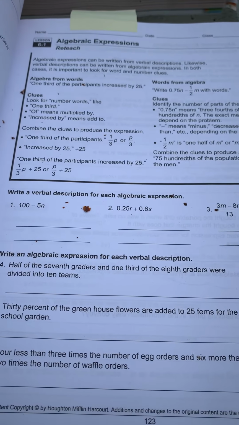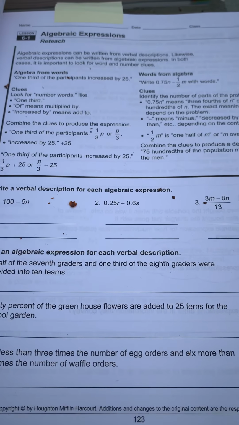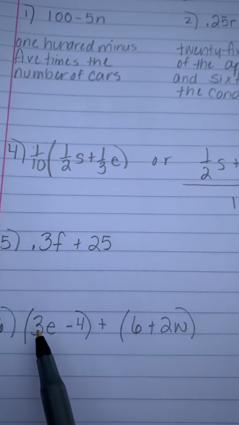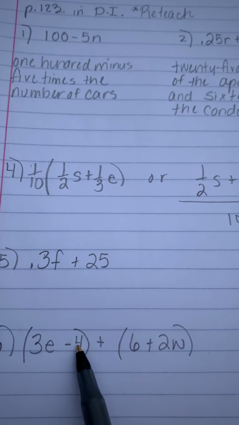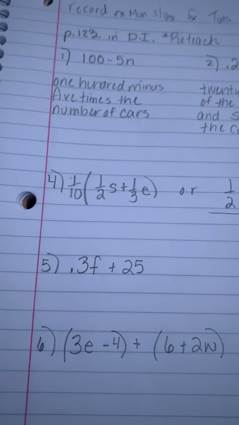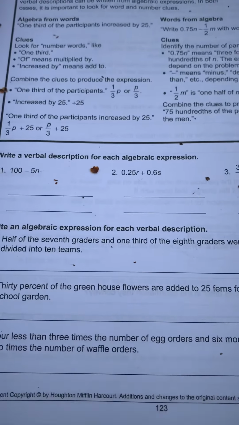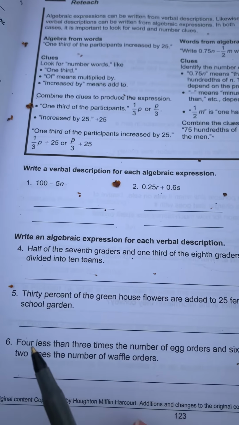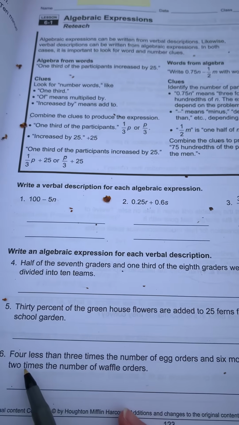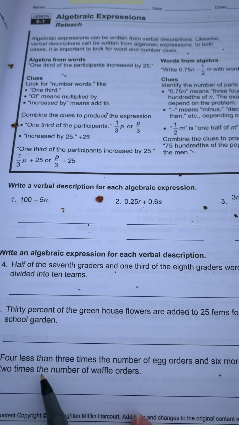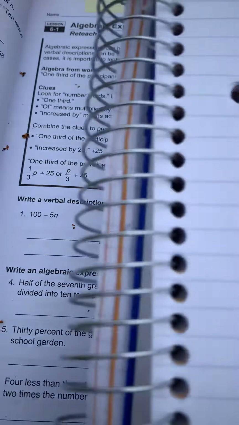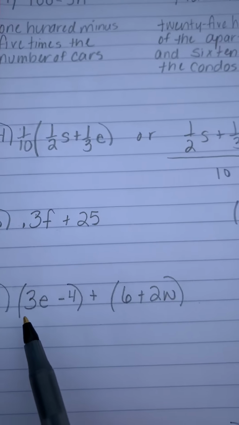So I did use the egg as E and the waffle as a W. 3 times E minus 4, and 6 plus 2W. Okay, remember that was 4 less than 3 times the number of egg orders, and 6 more than 2 times the number of waffle orders.